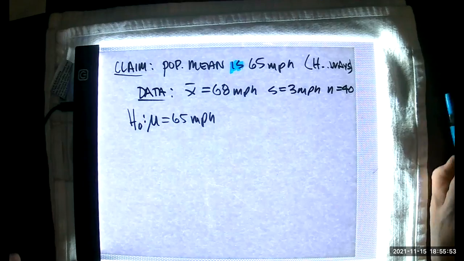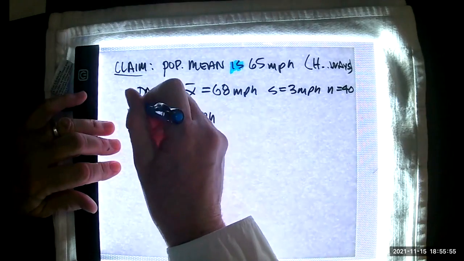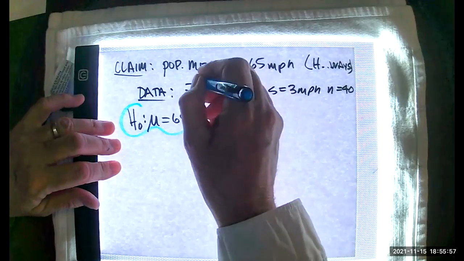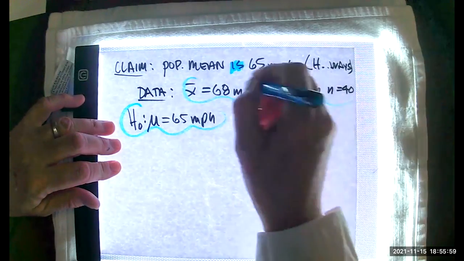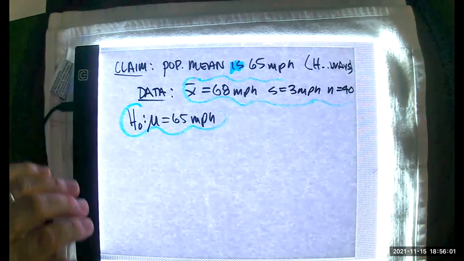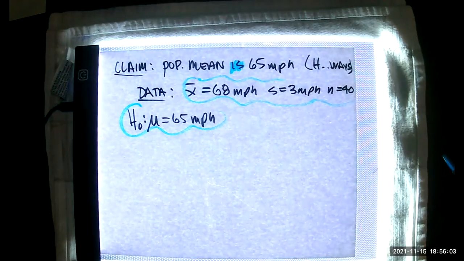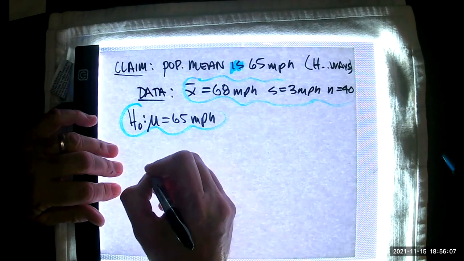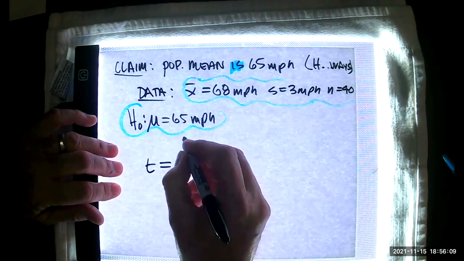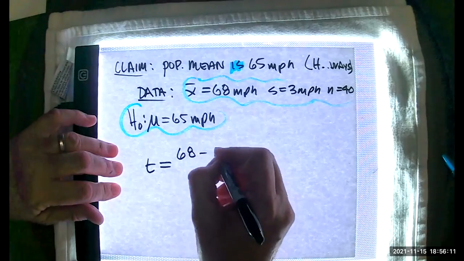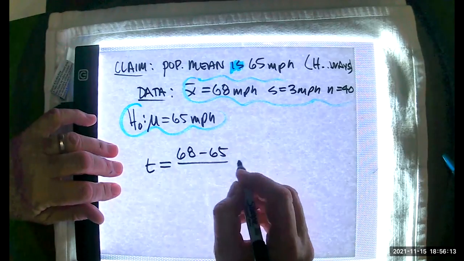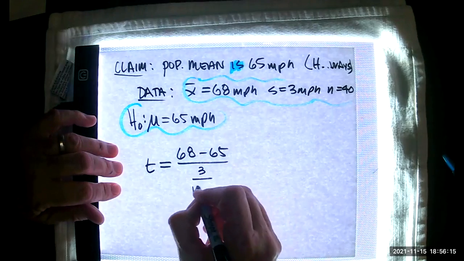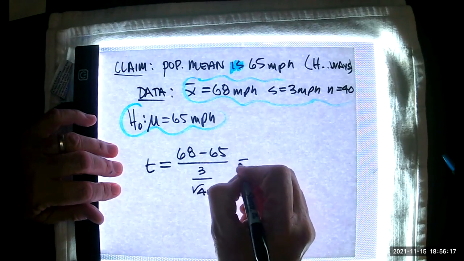There's my null hypothesis. So I need that little bit of information, and I need this right here. At that point, it's just a matter of plugging the detail into the formula. T equals 68 minus 65 divided by 3 over the square root of 40.